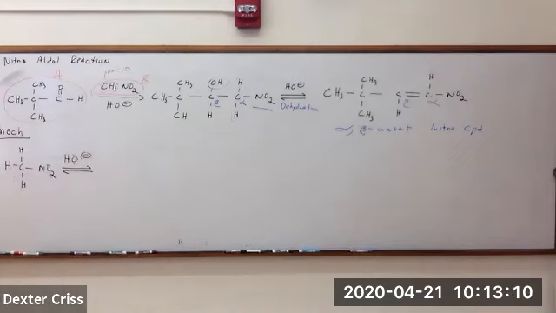So I am under basic conditions. Once again, the pKa of these hydrogens is approximately 10 because the nitro group is so electron withdrawing.